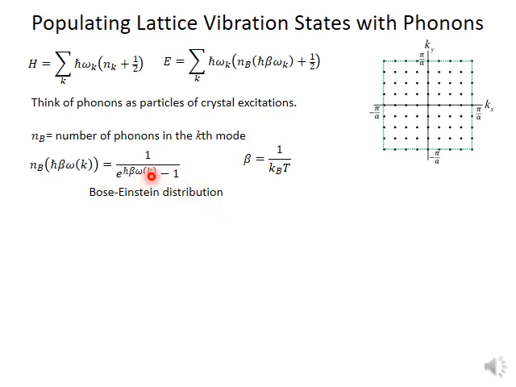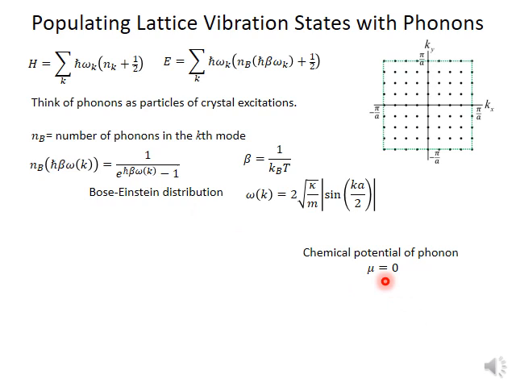If you look here, you don't have any chemical potential, because the chemical potential for a phonon, which is a boson, is 0. The reason is that you don't need any energy to create or annihilate a phonon, so they are randomly created and annihilated at any particular time.